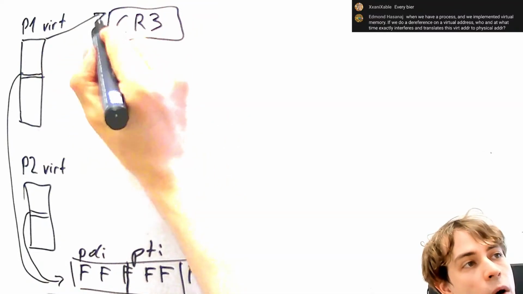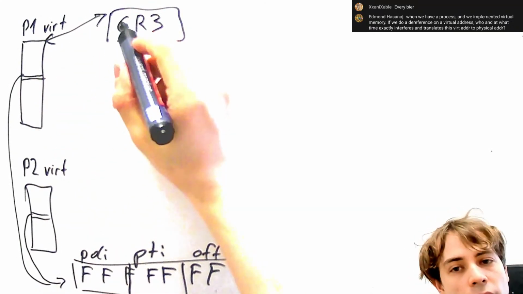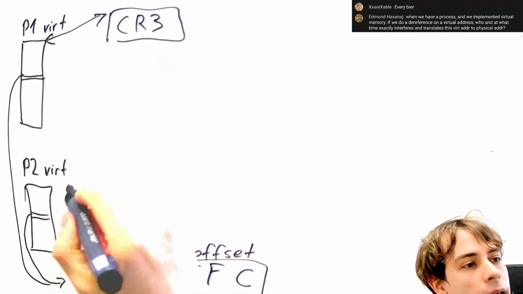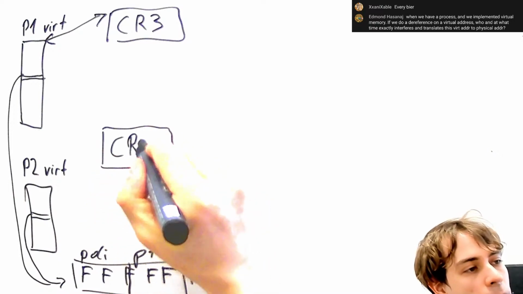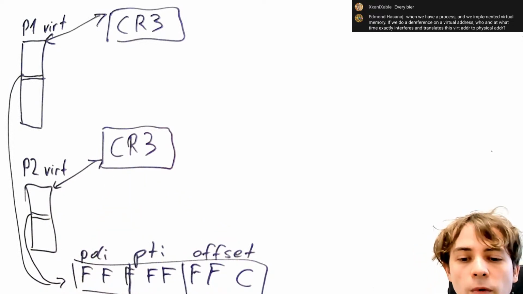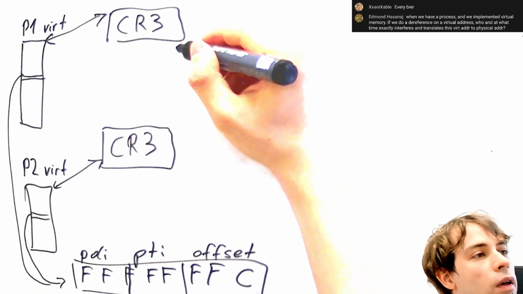Process 1 has its own register set, and the CR3 register defines this address space. Okay. And process 2 also has its own CR3 register value. When it's scheduled, the value of this CR3 register that we stored somewhere in the kernel will be loaded into the CR3 register. So what happens then?